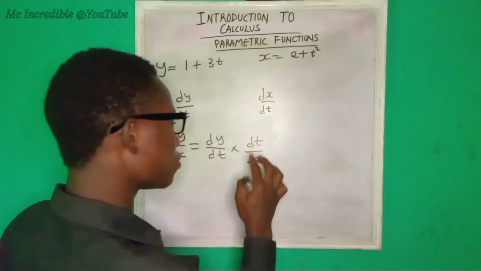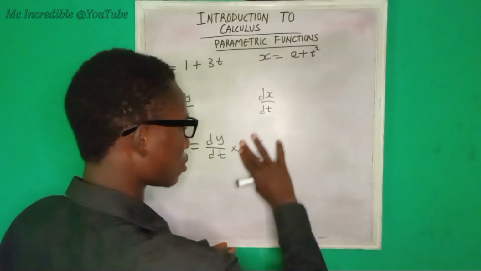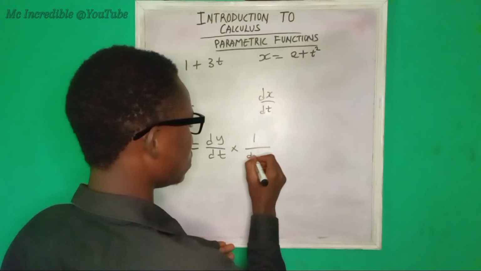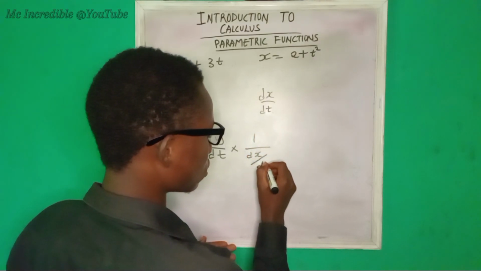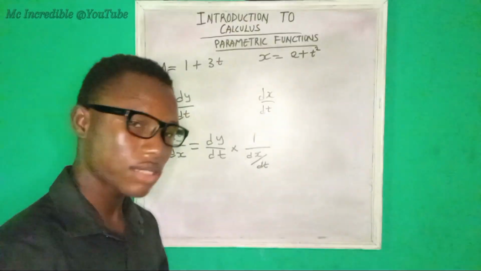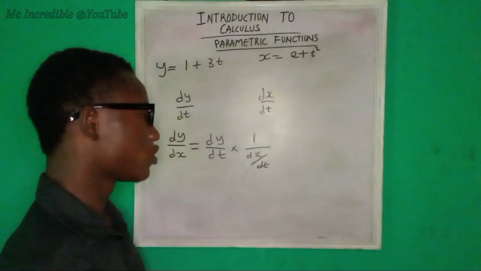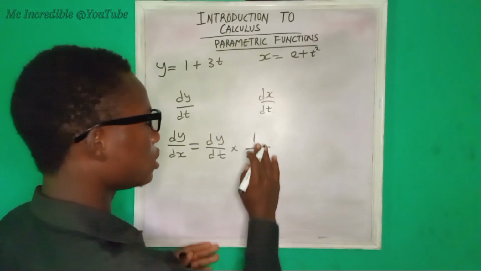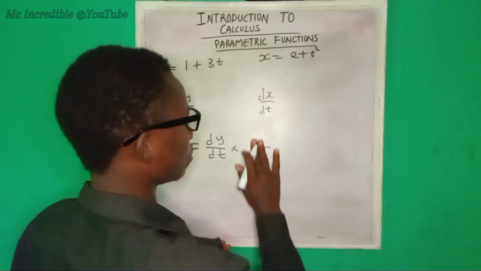It can also be dy/dt multiplied by 1 over dx/dt. That is the same as finding the inverse, so this 1 over dx/dt will also eventually lead up as dt/dx.